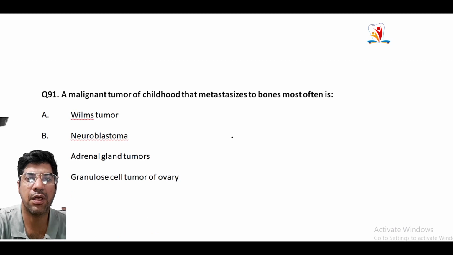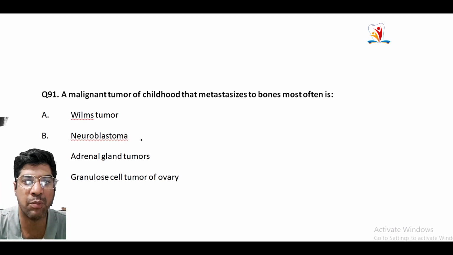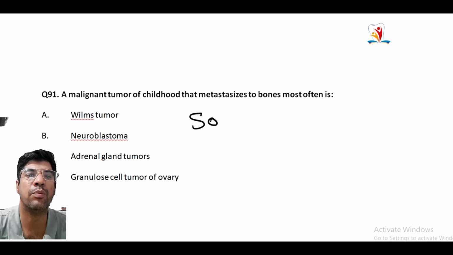A malignant tumor that metastasizes to bone most often is the Wilms tumor or neuroblastoma. It is the most common intra-abdominal solid tumor in children.